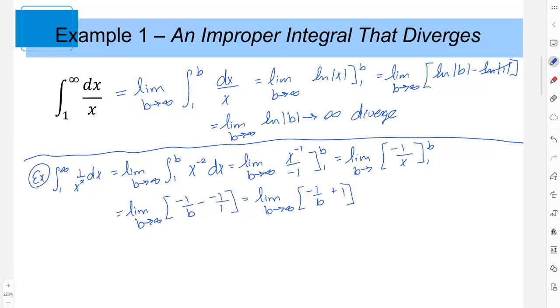And we want to know what happens as b gets larger and larger and larger. As b gets larger, that denominator is getting larger, which means the fraction is shrinking. So you can see how this is heading towards 1. So this is a different scenario than the one above, all because that exponent was different. So we would say this integral converges.